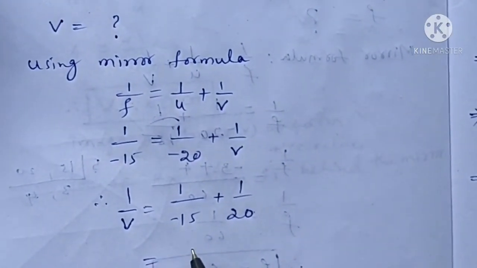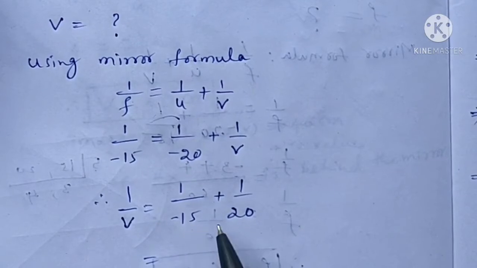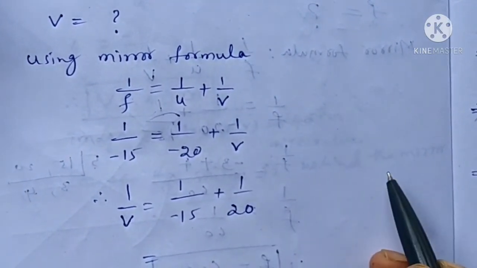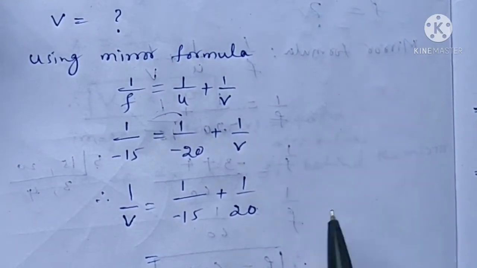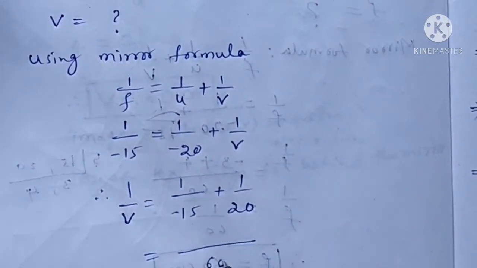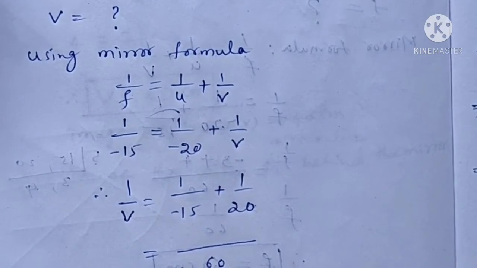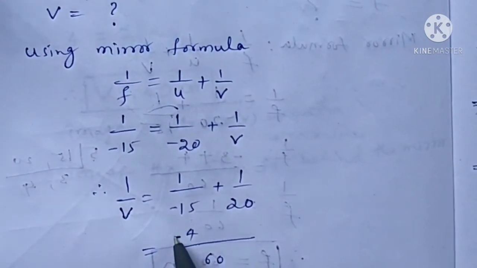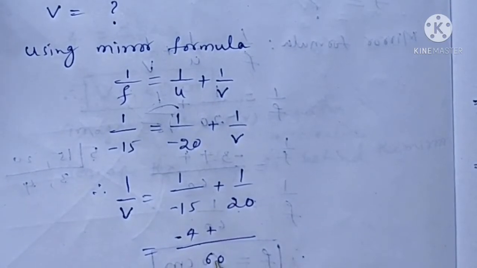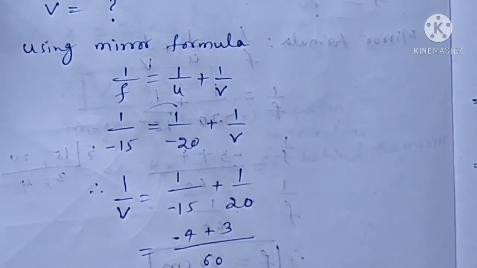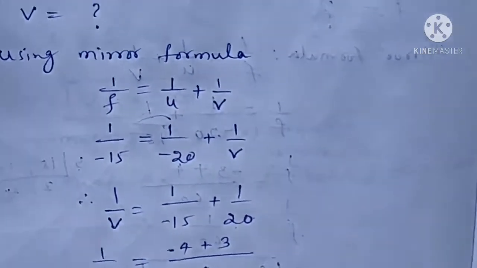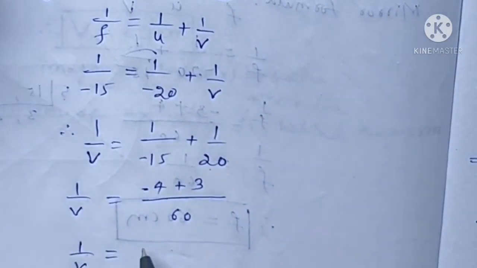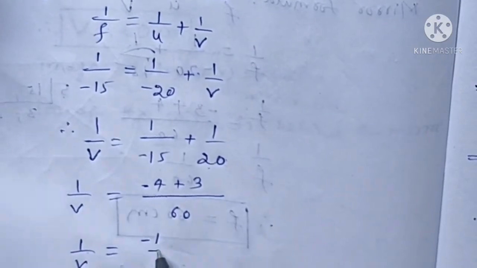Again find the LCM of 15 and 20. 5 3s are 15, 5 4s are 20, so 60 again. 15 4s are 60, so 4 into 1 is 4, which gets the negative value, plus 20 3s are 60, 3 into 1 is 3. So we have 1 by v equals minus 1 by 60.